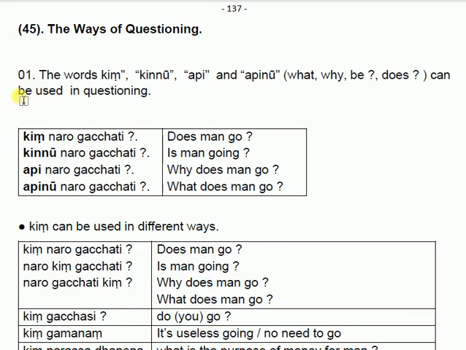First one, the word kim or kinnu or api and apinu. Meaning of what, why, be, does. Each of them has all these meanings. What, why, be, done, does, can be used in questioning. Right. Let's see how they can be used.